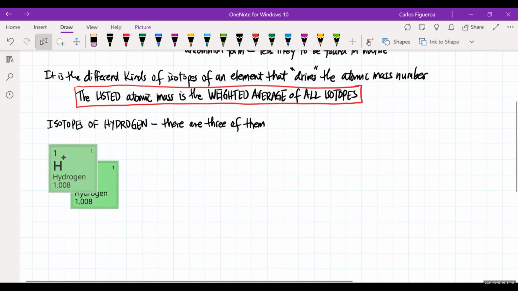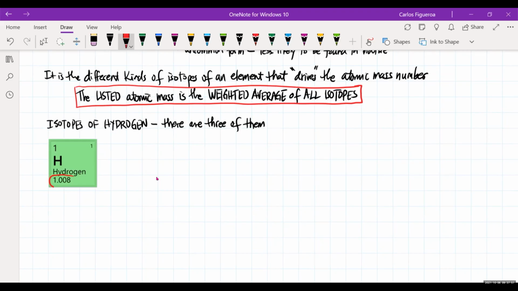So this is hydrogen. I got this off the periodic table, the dynamic table. And the one thing that you gotta look at is that atomic mass number. Note that this is not a number that's exact. What you find about this number is that it's slightly larger than 1. So that tells you there are going to be hydrogen isotopes heavier than the number that's listed here.